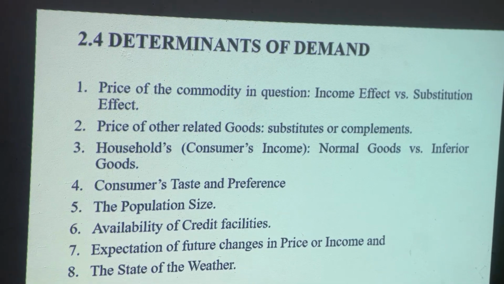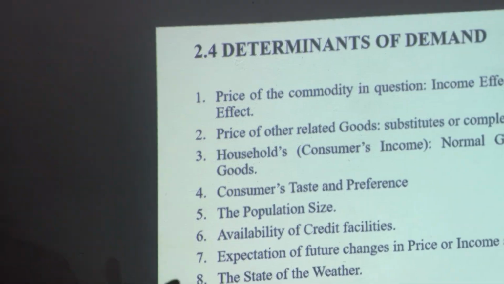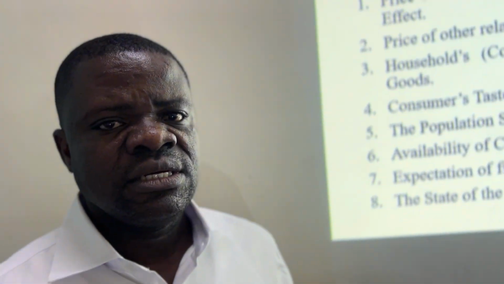And then substitution effect. This is about relative prices. So talking about two commodities that are substitutes, when the price of one rises whilst the price of the other remains the same, the consumer will substitute the one whose price hasn't changed for the one whose price has what?